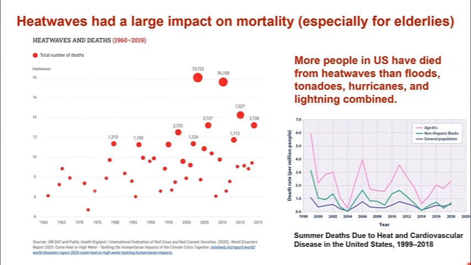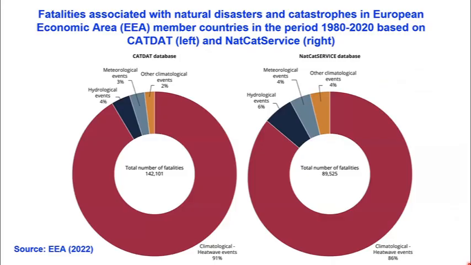This is why people are keen on learning about how heat wave extremes will change. The same is true in the European region: in both their common data set and the data set from a reinsurance company, more than 85% of the fatalities associated with natural disasters are due to heat waves.